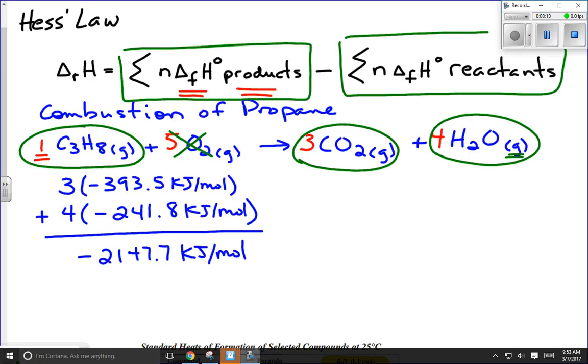So if we do the reactant side of the equation, so minus this, we're going to subtract now the sum of all of our reactants.